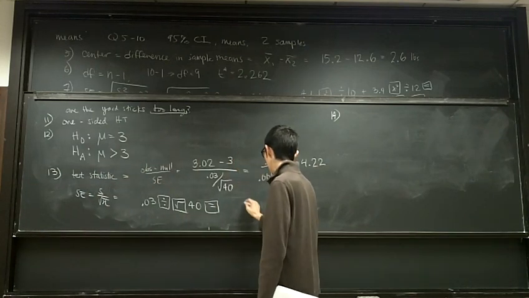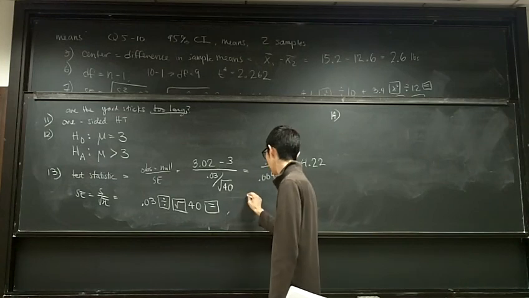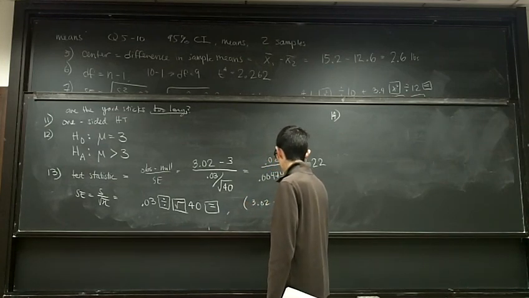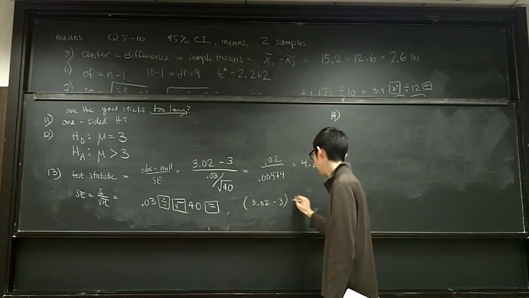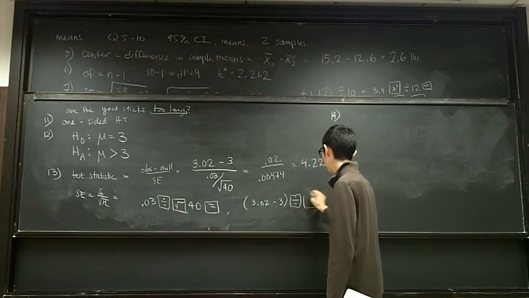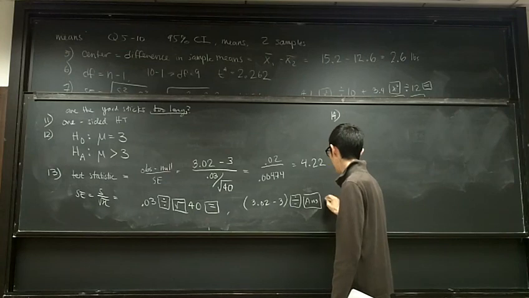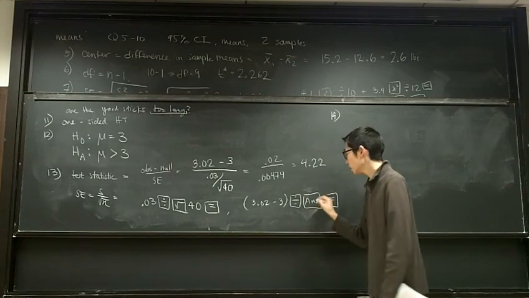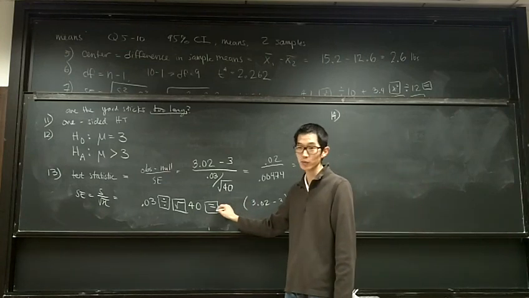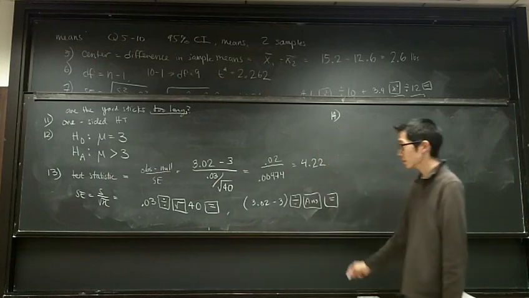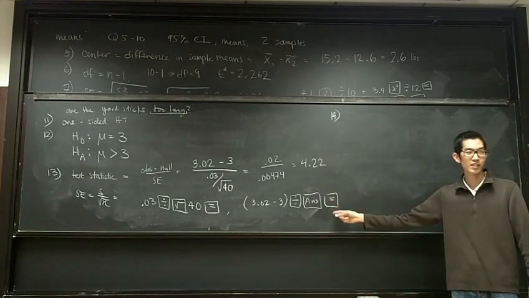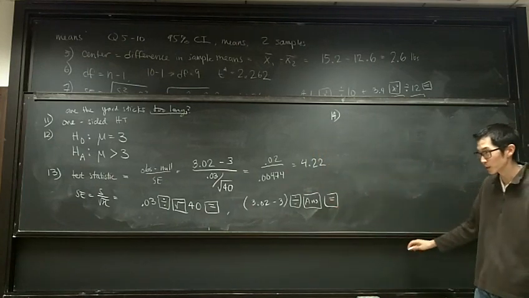And then do parentheses 3.02 minus 3, close parentheses, divide button, answer button, equals, okay? Answer is going to be whatever this number is, which is your standard error. Okay. Does that make sense? Okay, and when you do that, you should get 4.22.